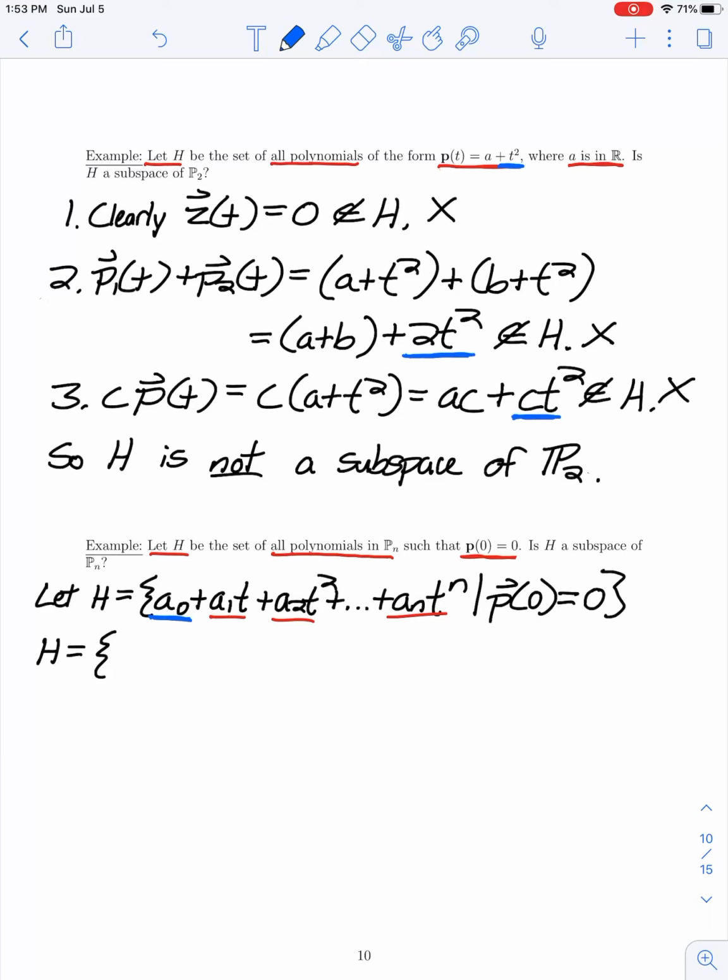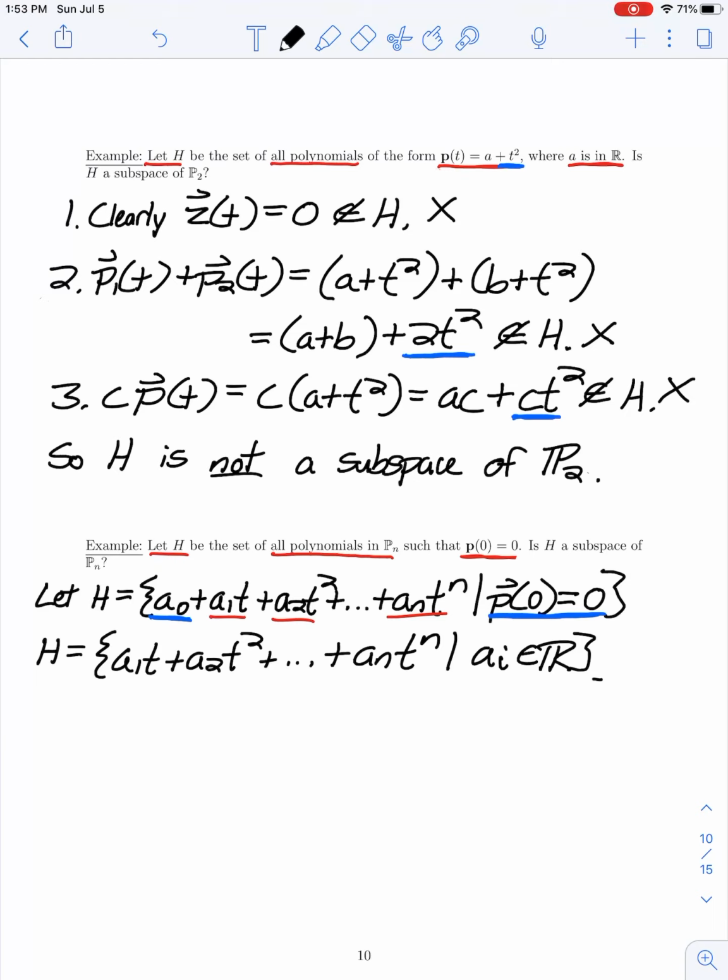Now we're told that the value of that function at t equals 0 must be equal to 0. So really, another way to think about the set H is as the set of all nth degree polynomials where the constant coefficient is 0. So these would be polynomials of the form a1t plus a2t squared, and so on up through an t to the nth, where our coefficients could be any real number.